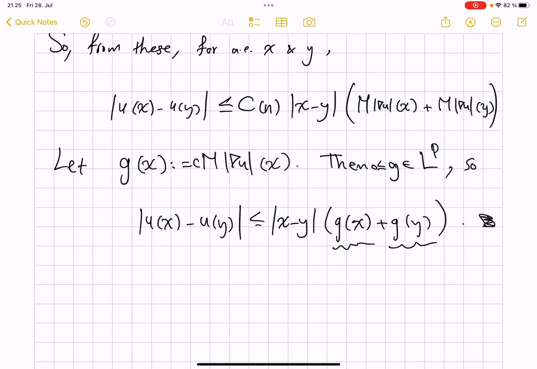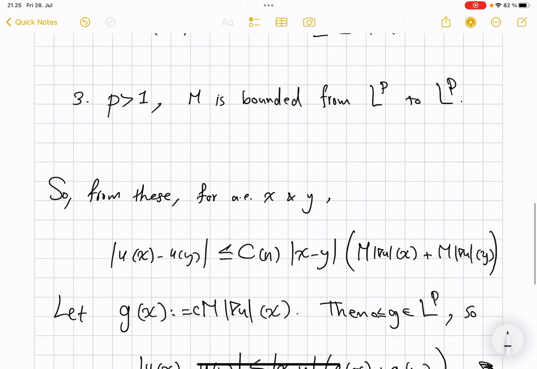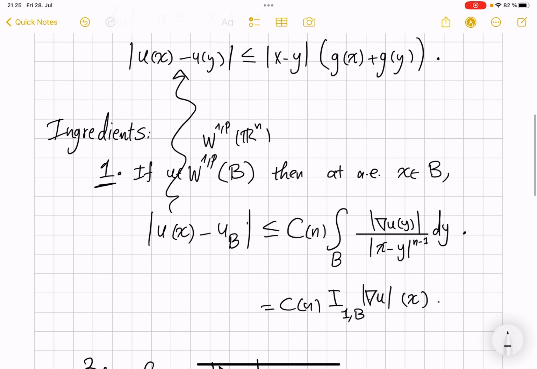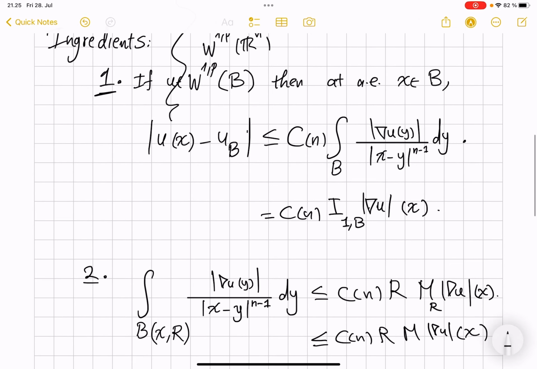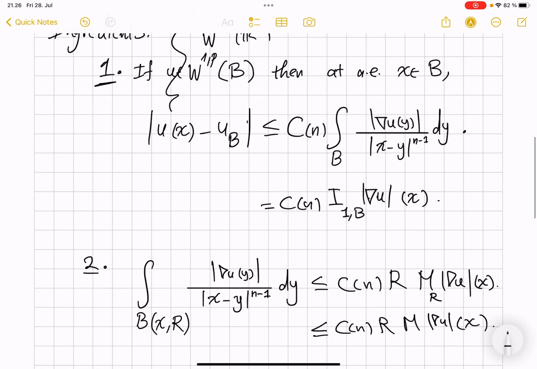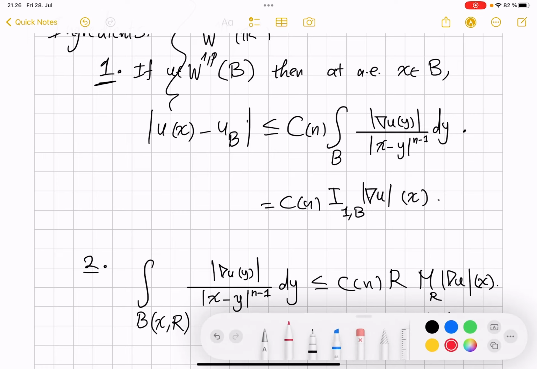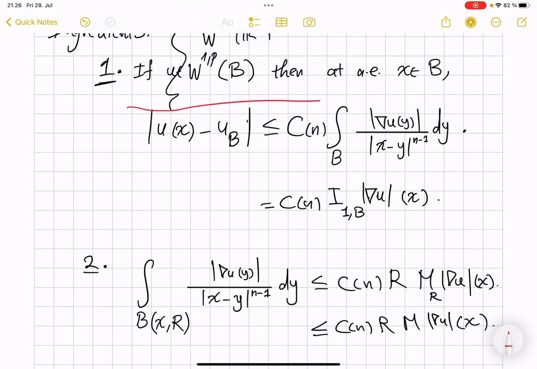Okay, so that was the supposedly short answer to how one obtains the Hajlasz gradient for a classical Sobolev function. All of these ingredients are significant, and in follow-up videos we will come back to some of them. But for this one, I want to focus on such an inequality.